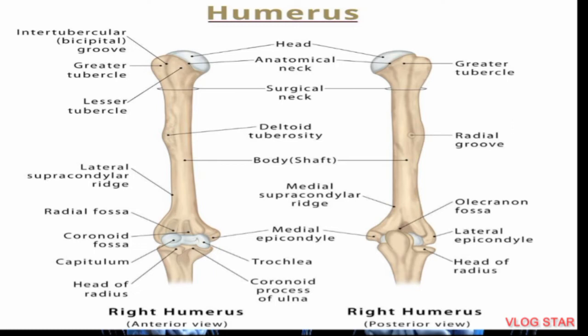This is the elbow joint, and here the upper part would be the shoulder joint where scapula and clavicle articulate, and here we can see radius and ulna articulating, and this is making the elbow joint. Okay, humerus is divided into three parts: proximal end, shaft, and distal end.